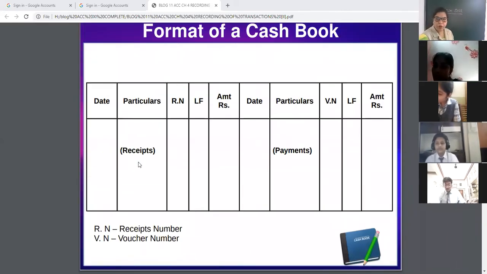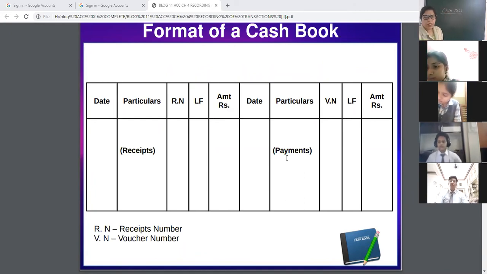Whatever inflows are there will be entered on this side. Whatever outflows are there will be on the credit side. Inflows means payment received. Outflows means payment made.